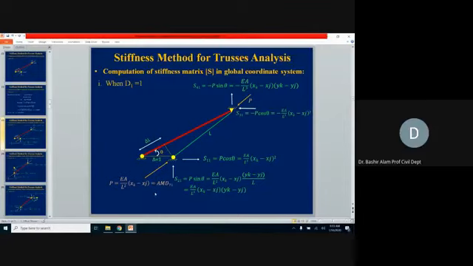About the stiffness coefficient elements, it was EA over L square, so this becomes EA over L cube now. And the coordinates involved: if the action and the displacement given are both in the horizontal direction, it will involve only horizontal components.